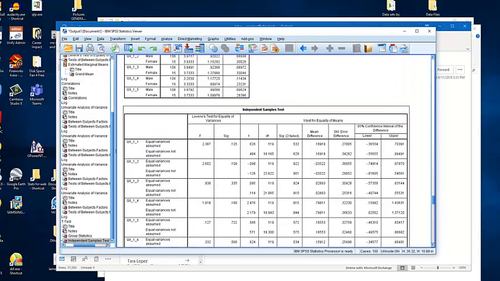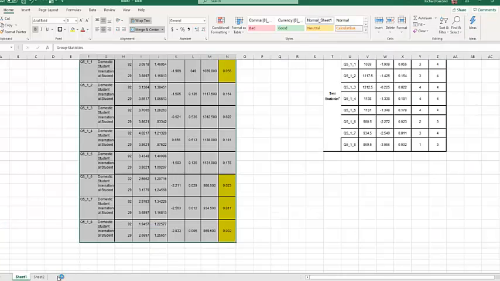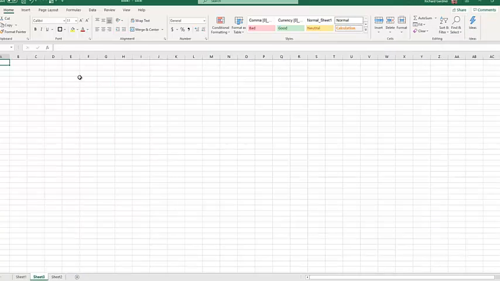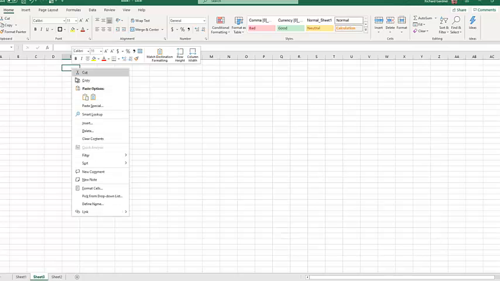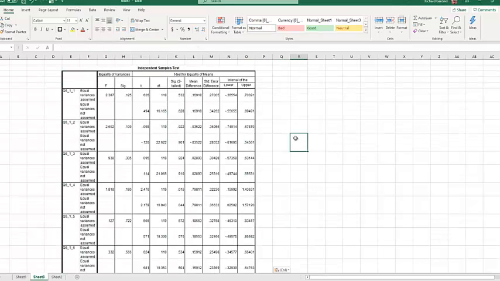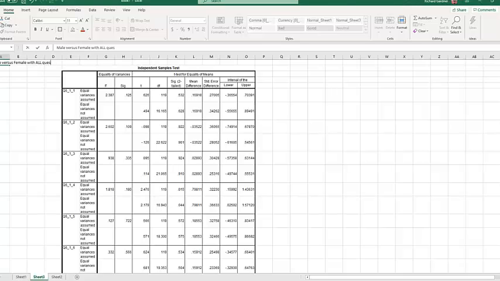All right, let's move this over where we can do something with it. Paste. So this was male versus female with all questions.